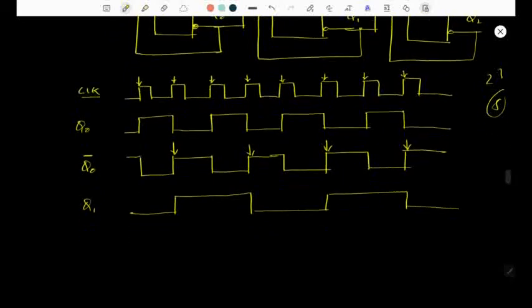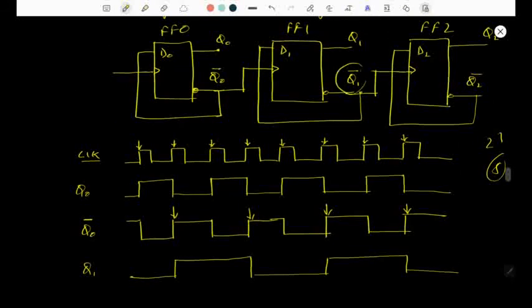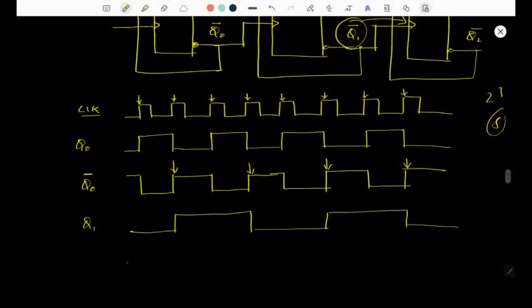Now let's draw Q1 bar, because Q1 bar, as you can see, is behaving like a clock pulse for flip flop 2. So Q1 bar should be high first, then low, like this. These are the positive edges, this one over here and this one over here.